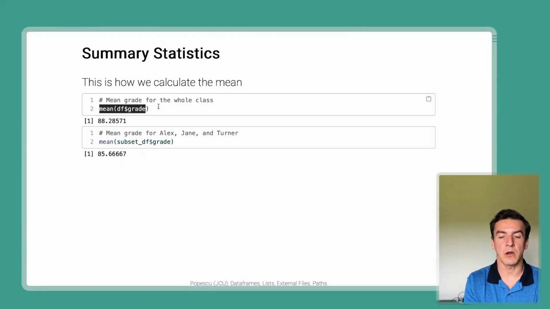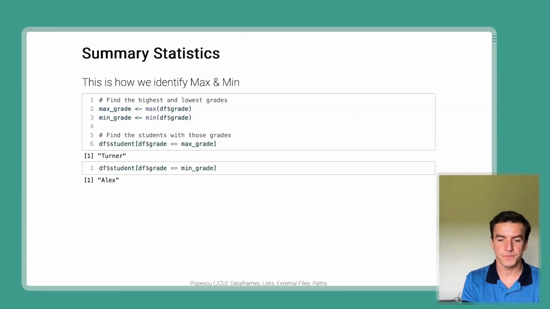The mean for the variable grade is 88.28. We can also do the mean just for the 3 observations that we extract. So originally we had 7 students, and the subset with 3 students has a mean of 85.66.